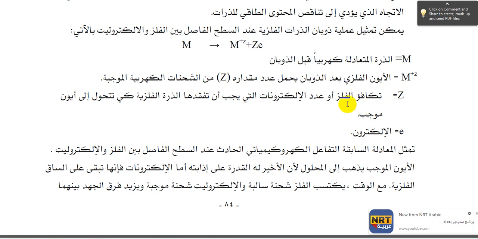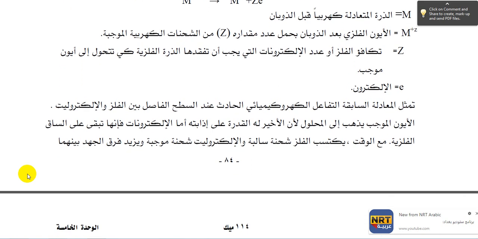Z تكافؤ الفلز is the metallic valence, or the number of electrons that the metallic atom should lose in order to turn into a positive ion. I'm talking about the atom here mainly.